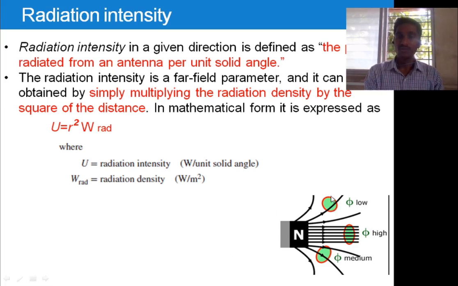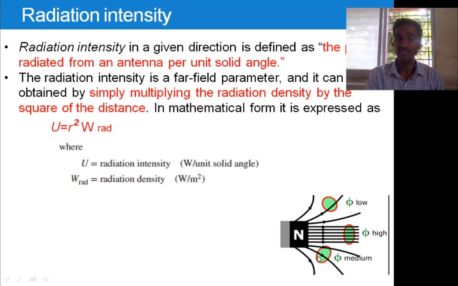If you take a unit area at this point, only one line is cutting this area. Because only one line is cutting, we say that the density of the magnetic flux is very low. In the second, if you take the same area, there are so many lines cutting this area, so I say that it is high.